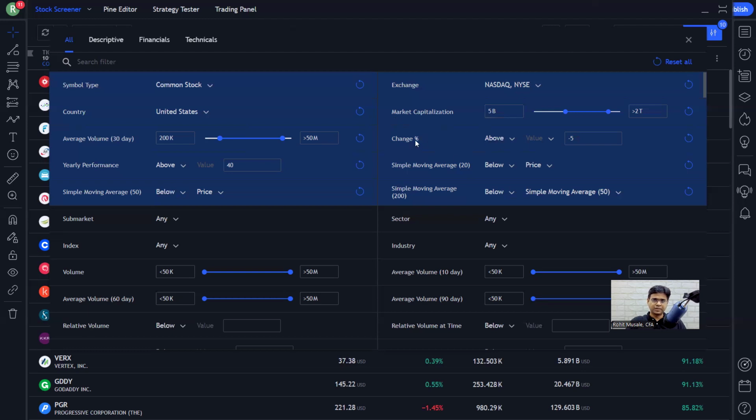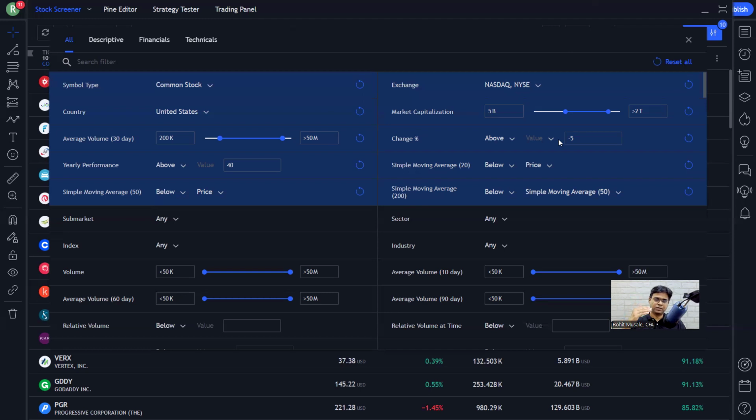Change percentage. So the daily percentage change should be above -5%. Now, why is this important? If you are trading breakout stocks, and imagine one stock has fallen more than 5% in a single day, I recommend not to trade that stock, because for it to break out, it will first have to travel a 5% distance, then come to your buy point and then go up, right?